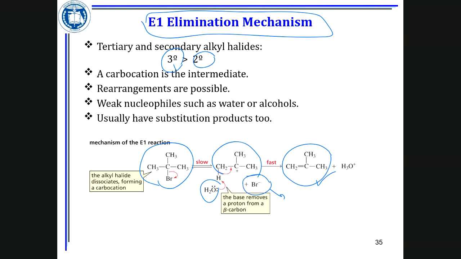For E1 mechanisms, I take it back, your base doesn't have to be a strong base because the carbocation forms first. So a weak nucleophile is okay for E1. For E2, you need a strong base. SN1 usually could be a byproduct, but to avoid SN1, you can increase the temperature, because elimination can be favored over substitution at high temperature.